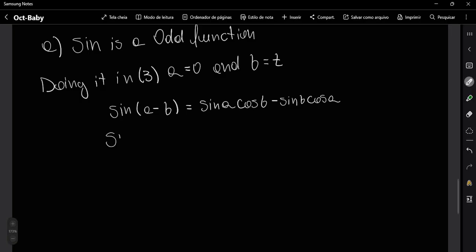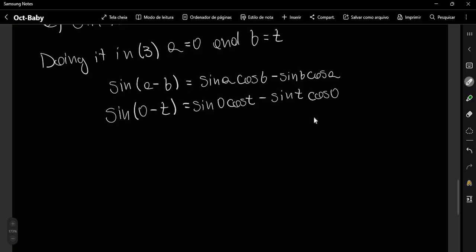So sine of 0 minus t, which is equal sine of 0 times cosine of t minus sine of t times cosine of 0.